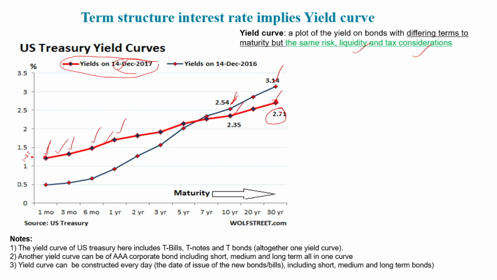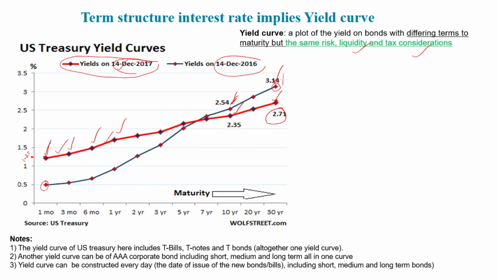So then 1 year before, for the same types of government securities, when we take the yield, for instance, you can see that on 14th December 2016, the rate of interest for a 1 year government security was 0.5%, whereas for long term, for example, a 30-year government security, the rate of interest was 3.14%.